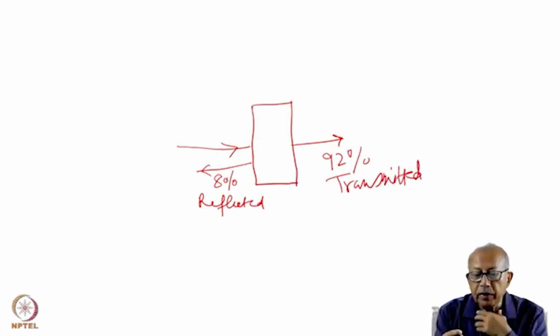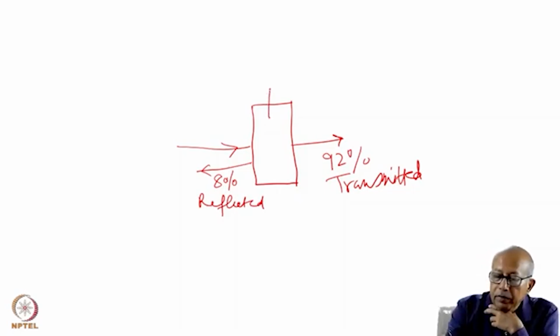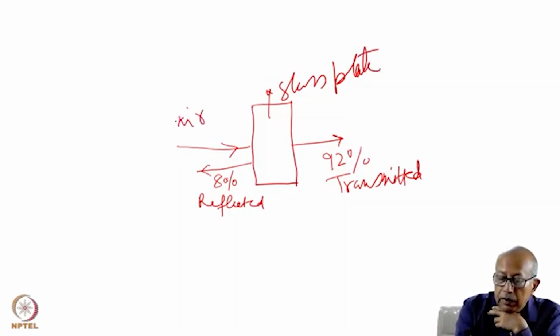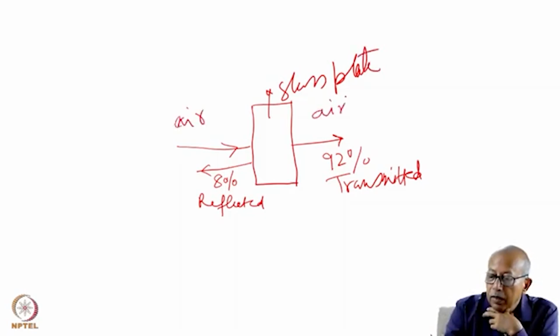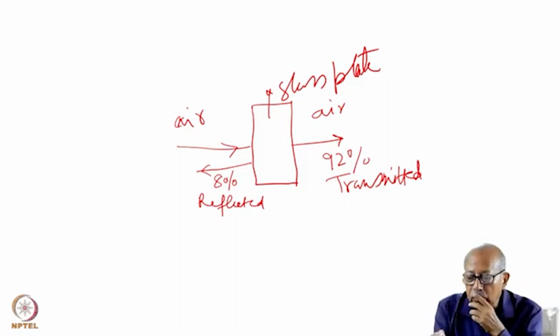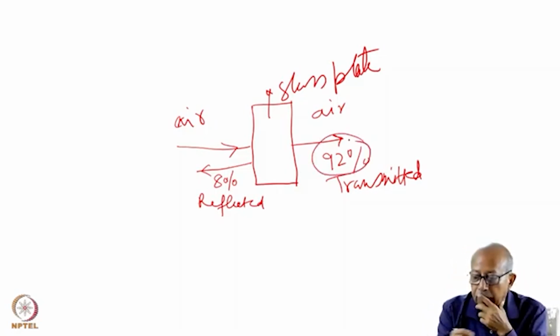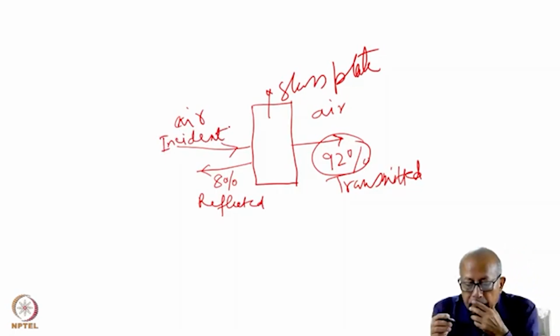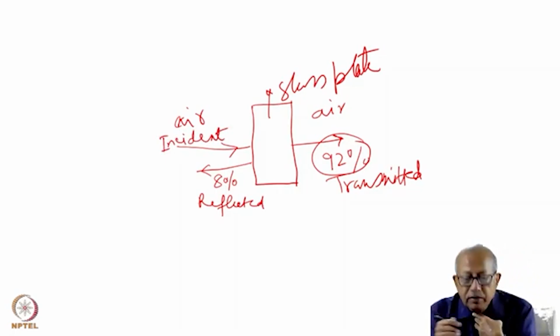So, in a way, you may think that this glass plate behaves like a transmitting optic. Although transmission is pretty high, 92% of the incident light, while 8% of the incident light is reflected.